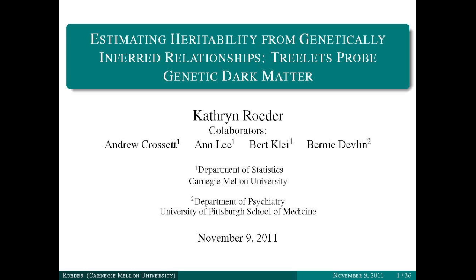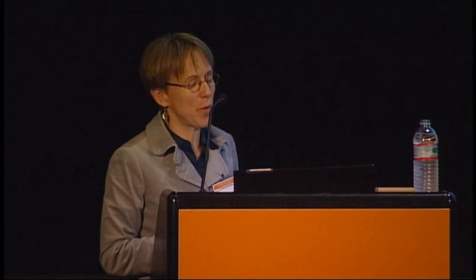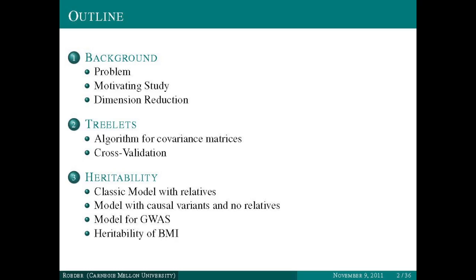But I will give what I hope is a fairly simple background to the genetics, and it is really very simple. And then talk about how we can use this modern dimension reduction method of TREELETs to learn a lot, and really all these things relate back to the early days of Stein and Efron and all the people that we admire for how to learn in surprising ways from data that's seemingly unrelated.